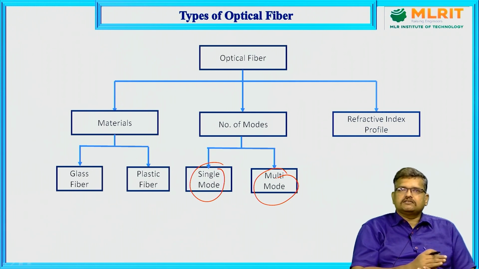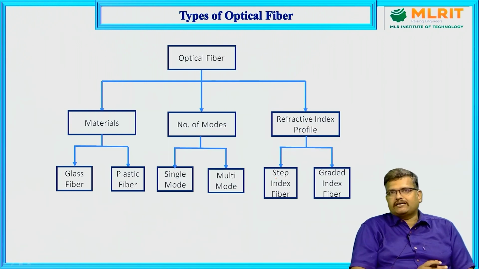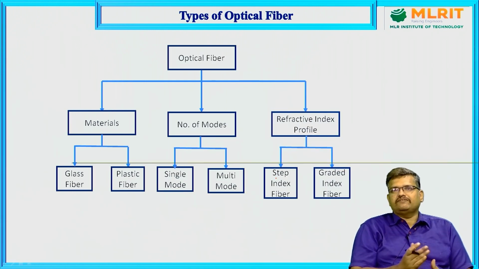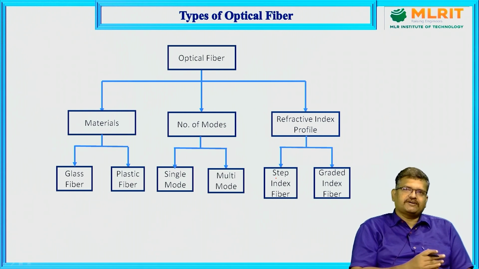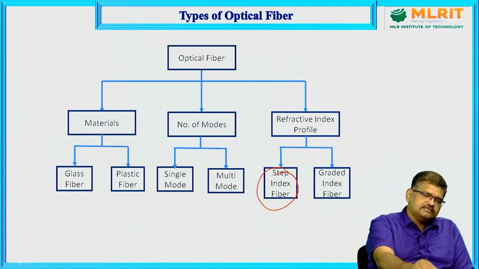Next, based on the refractive index profile: we know the core has some refractive index and the cladding has some refractive index. Based on the refractive index profile of the fiber, we can categorize step index fiber and graded index fiber.